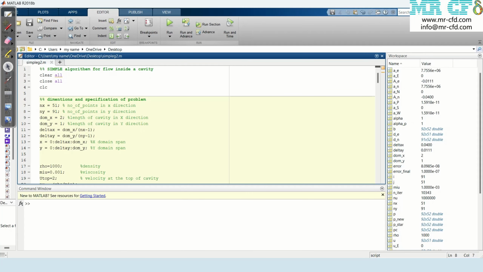Initial parameters like the number of grid points and domain dimensions can be modified.